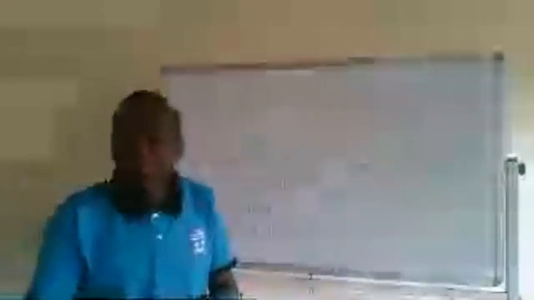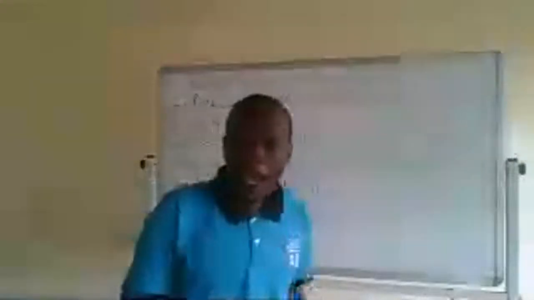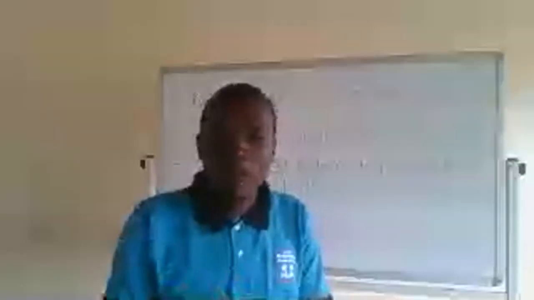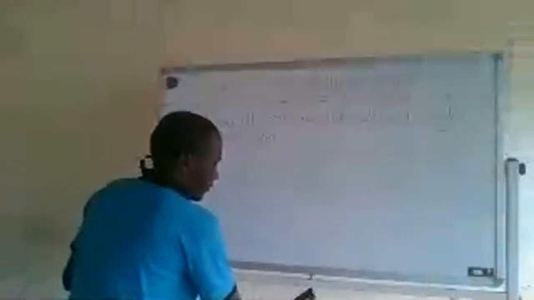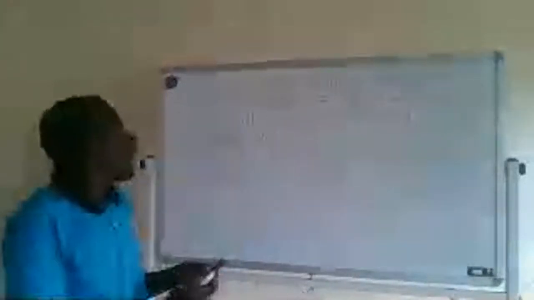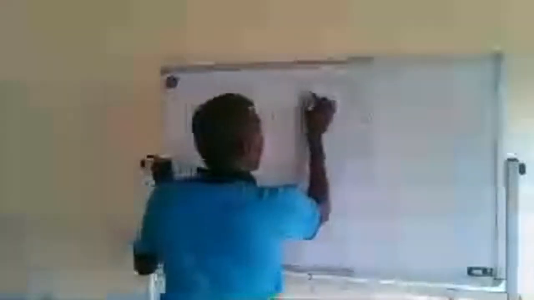So without wasting much time, let us look at commonly used auxiliary verbs, and see how best we can make use of them when we are formulating question tags. Here we have commonly used auxiliary verbs, the ones we call helping verbs.